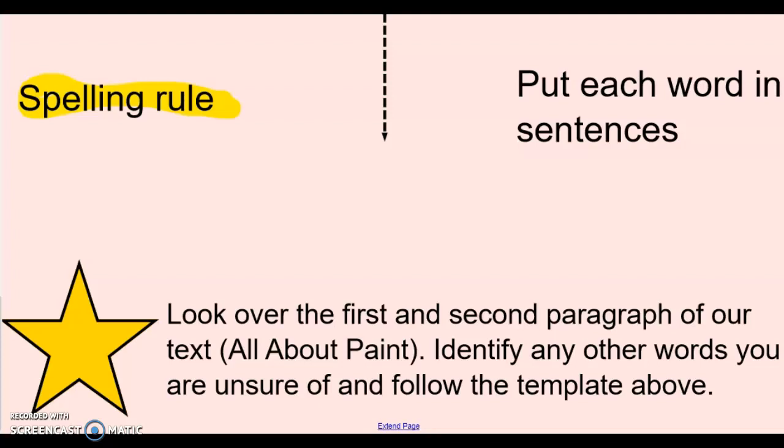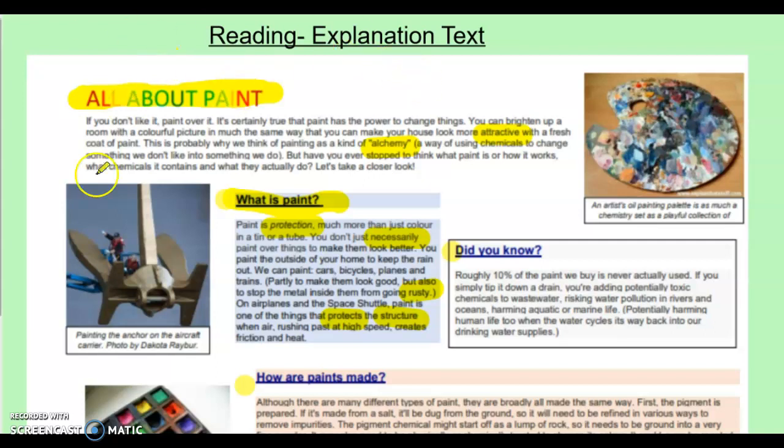It's factual, it explains the process of something. So all you're doing today is tuning in to the vocabulary used in All About Paint. We're looking at any words we don't know, and then researching those words so that we understand the full meaning of the text. Enjoy, good luck. This activity should take you about 1 hour if you do it properly. I'm looking forward to seeing all that you've learned.